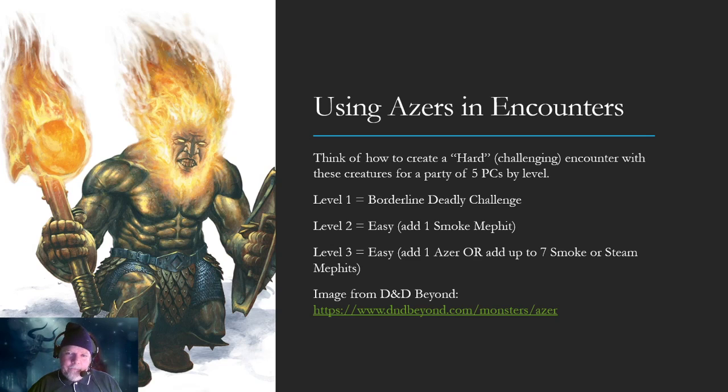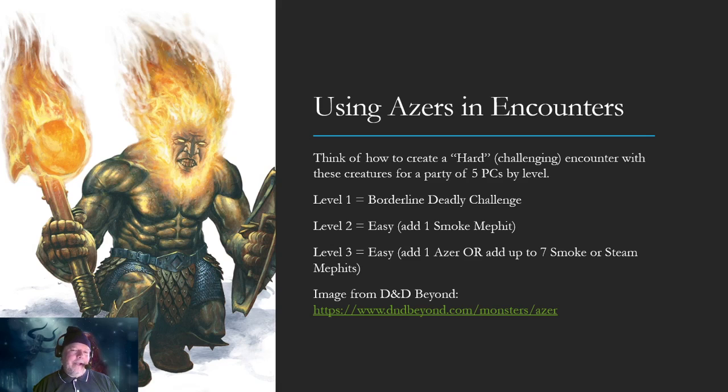So, if you want to make a hard encounter for a level 1 party, you can take one single Azer, put that out there, and that will be a hard encounter for a level 1 party. Now, if the party is level 2, it becomes an easy encounter.